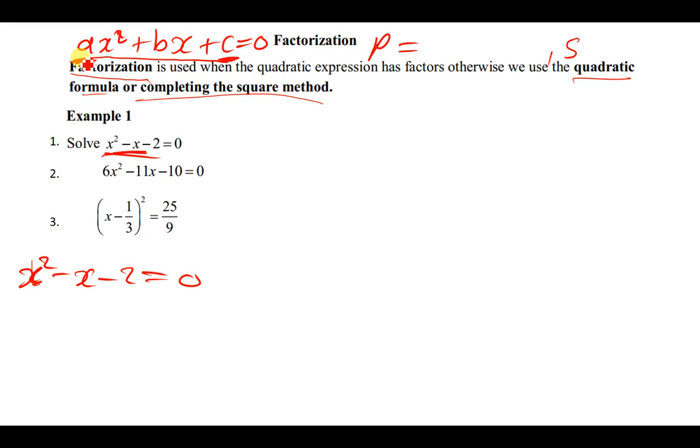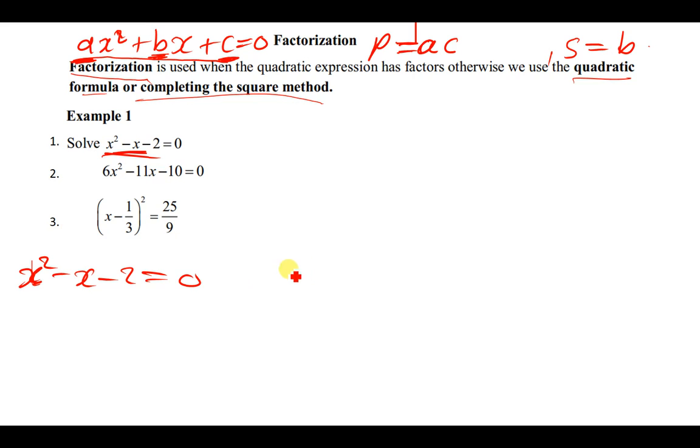You get the coefficient of x squared and multiply it with the constant. So the product is found by multiplying a and c to get ac. Then you get the sum by just getting the coefficient of x.